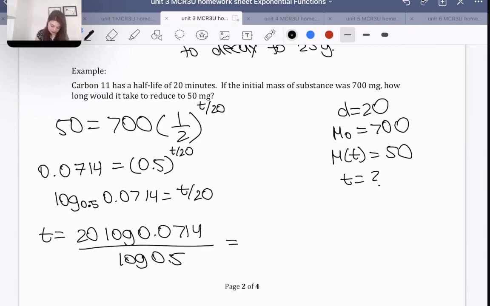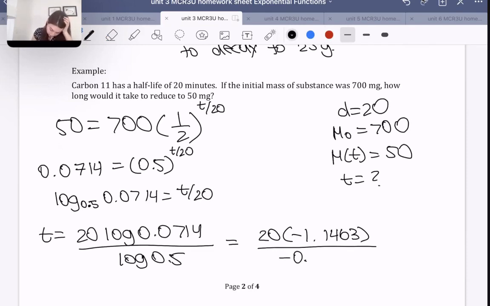Okay. So let's see, what's that? 0.0714. Okay, so that's 20 times negative 1.1463 over log 0.5.